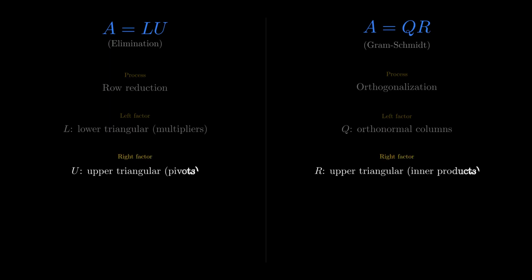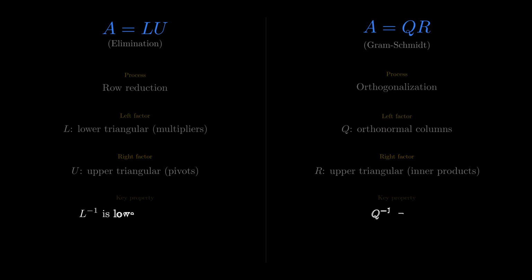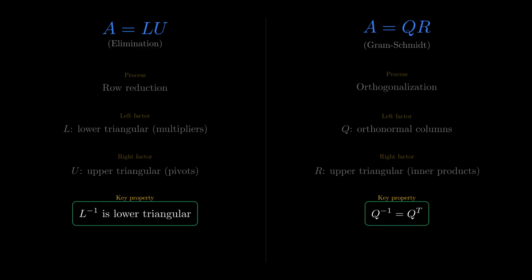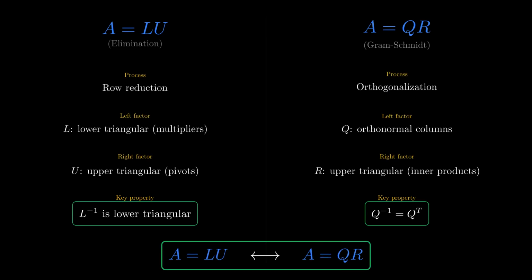Both right factors are upper triangular. U stores the pivots, while R stores inner products. One key contrast: inverting L stays lower triangular, but inverting Q is trivial. Q inverse equals Q transpose. That's the power of orthonormality. 2 decomposition philosophies, 2 of linear algebra's most important tools.